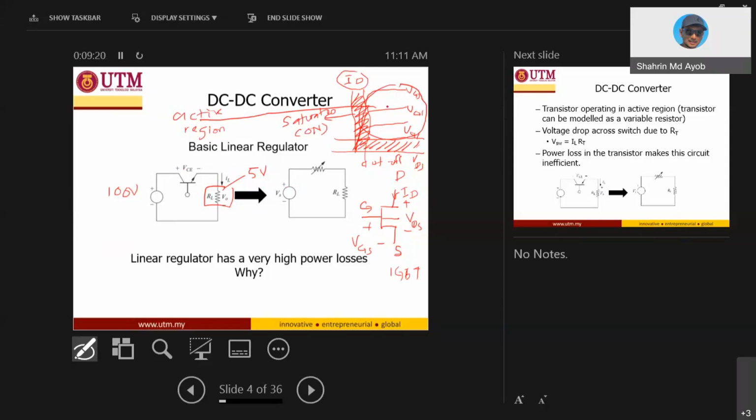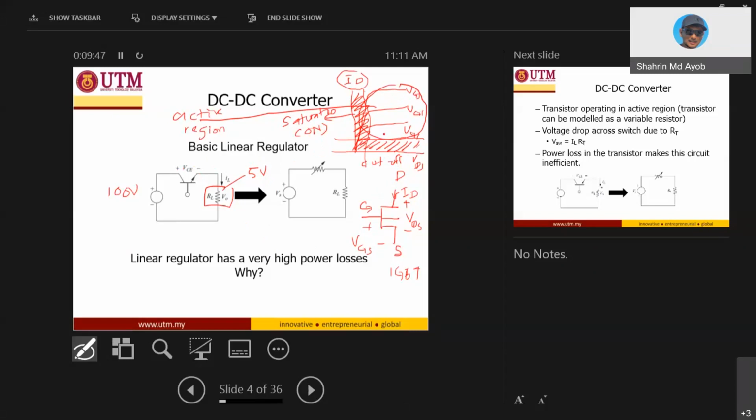So that's why their circuits are more on how to operate your transistor inside the active region. Okay, but in powertronics it's different. Powertronics actually uses it as a switch, so either on or off. By using the basic linear regulators, this transistor is operated under the active region.